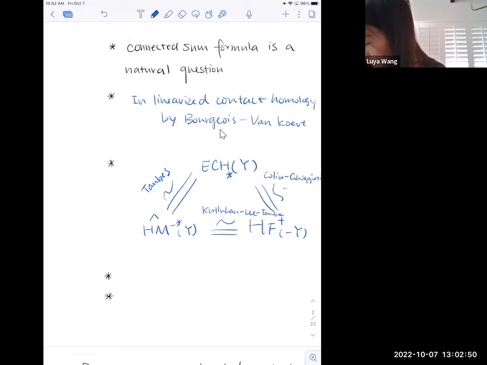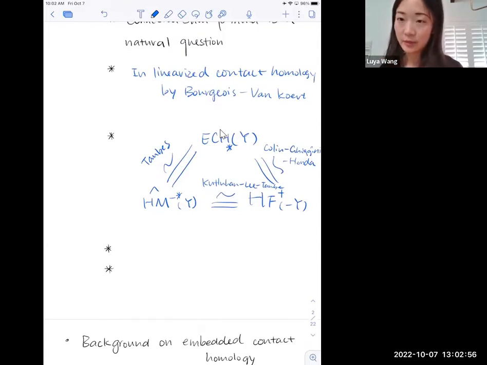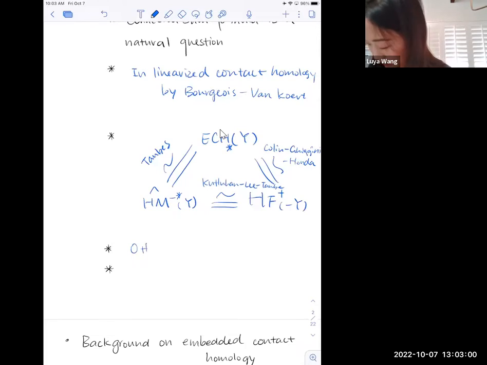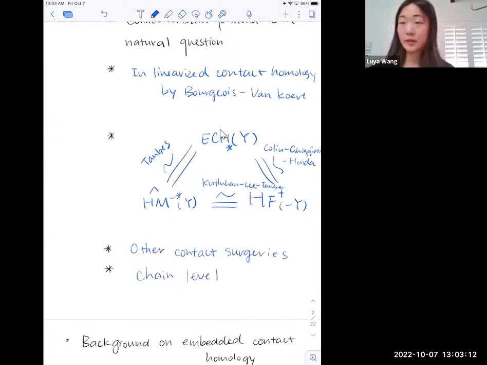So it's possible to show the connected sum through these big isomorphisms, but I will give you a chain level description. And then, other motivations: you can study other contact surgeries, as well as give a chain level description. That's usually used for other applications.